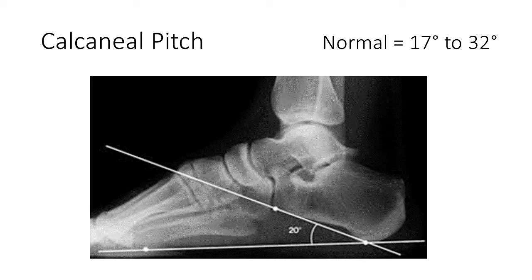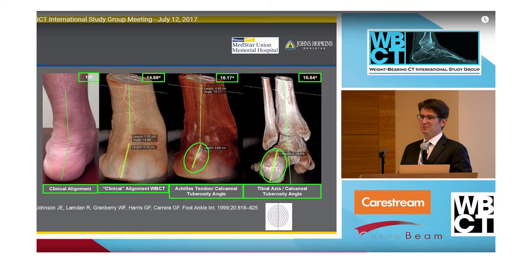Calcaneal pitch is another two-dimensional metric, and this does describe the angulation of the calcaneus. The weight-bearing study group took a look at the different types of techniques used to measure hindfoot valgus, and there were 4 different techniques used for the same patient, and guess what? They had 4 different results. Why is that? Because they're using a 2-dimensional measurement system to try to describe a 3-dimensional problem.